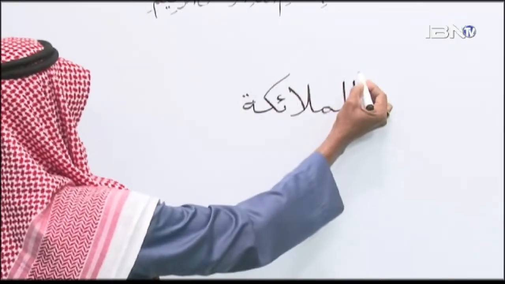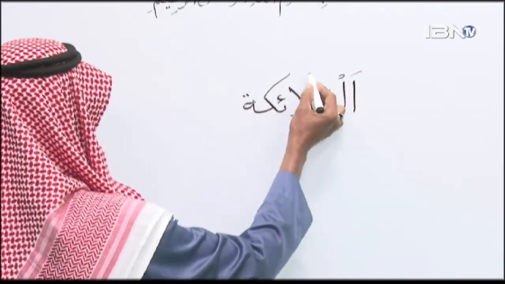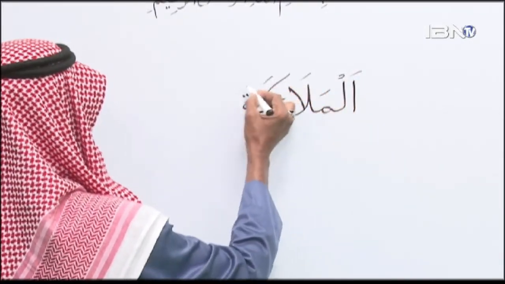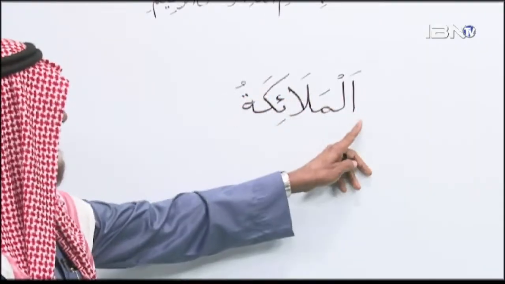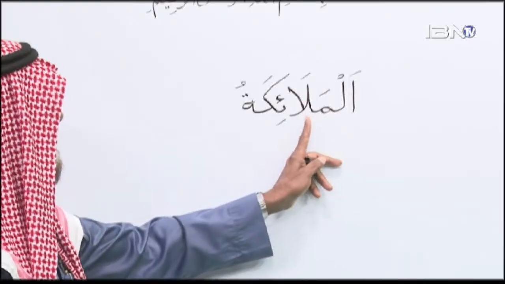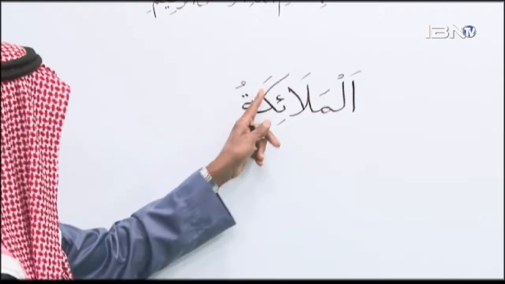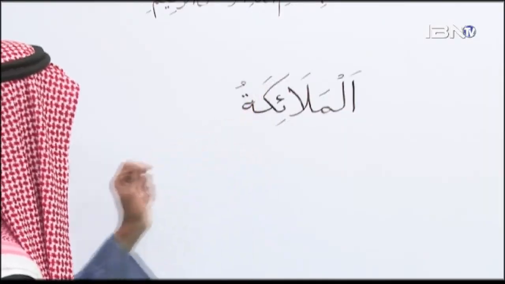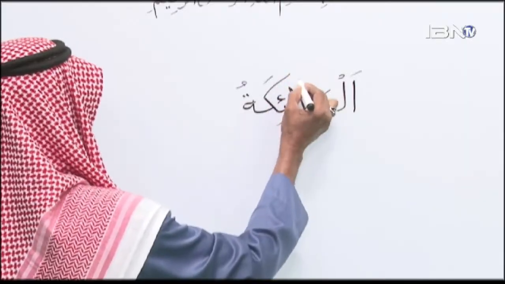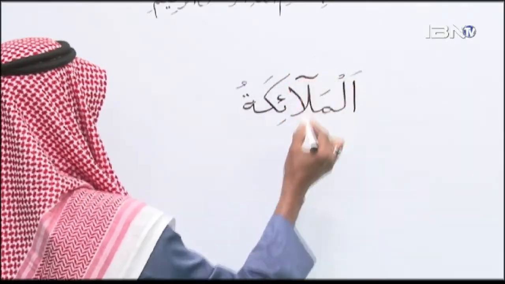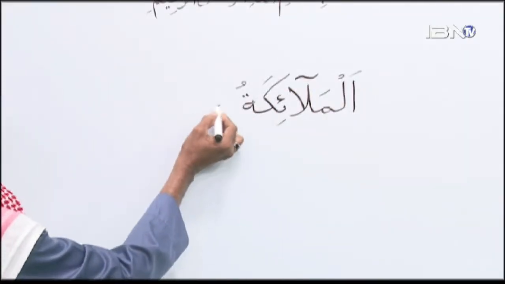So if we have it like this, all right, we have Al, Ma, La, I, Ka, Tu. So you may see something like this. But in the Quran, it's not written like this.